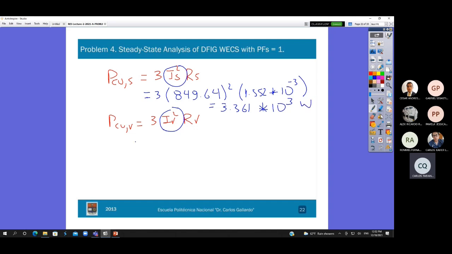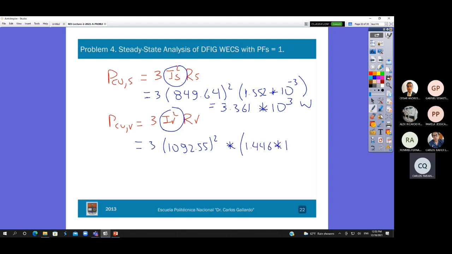What about the rotor winding losses? I will have 3 times, because I have 3 cables too, the rotor current we have already computed in the previous question, 1092.55 squared, times the rotor resistance, which is 1.446.